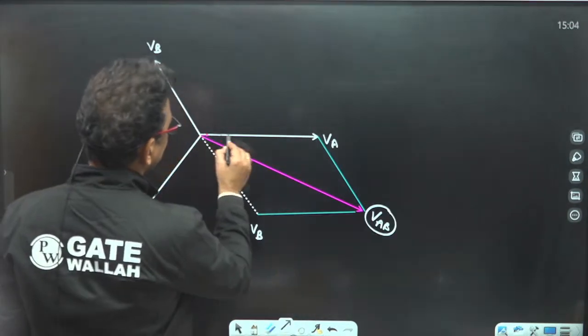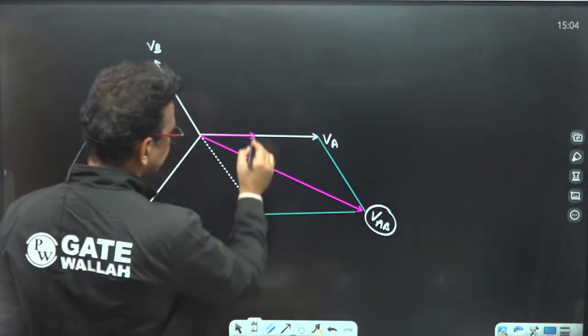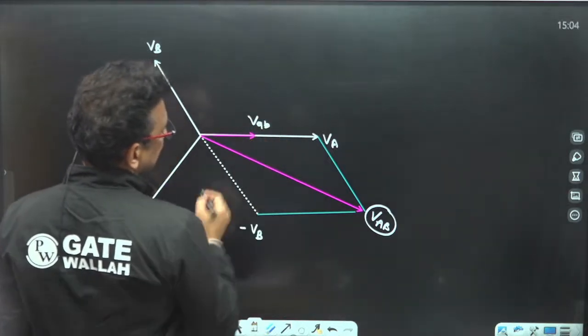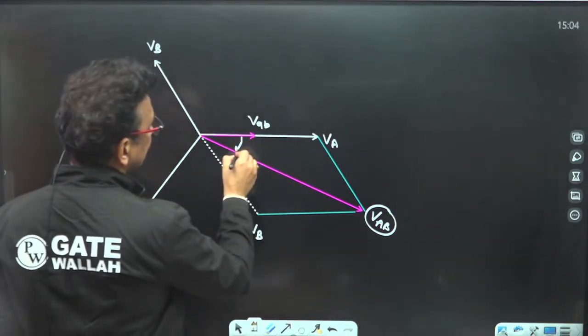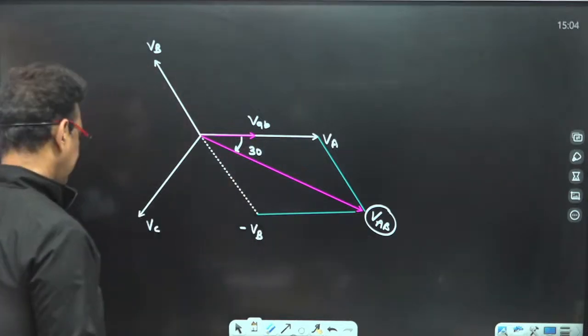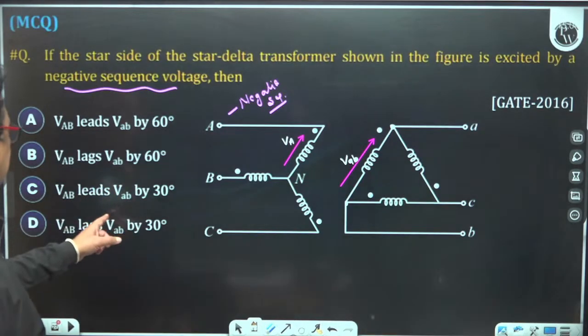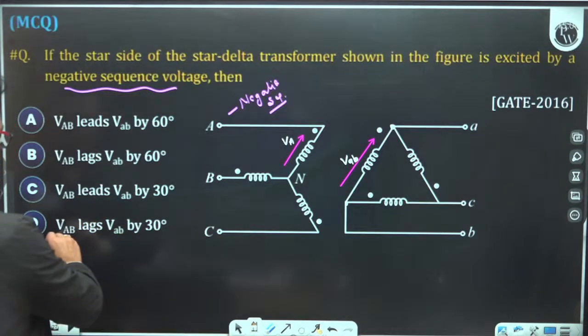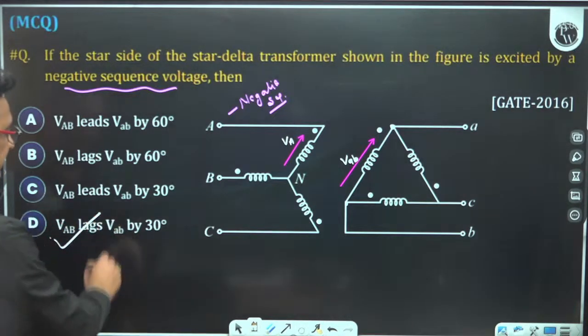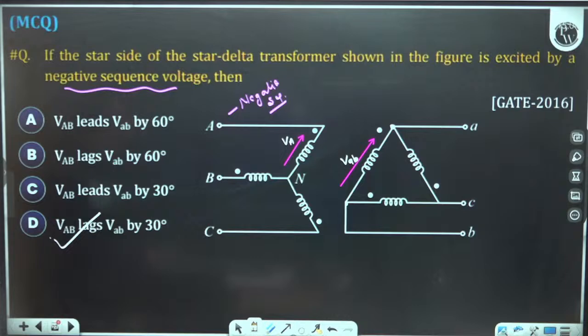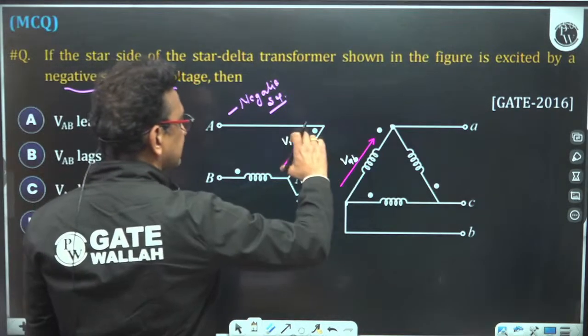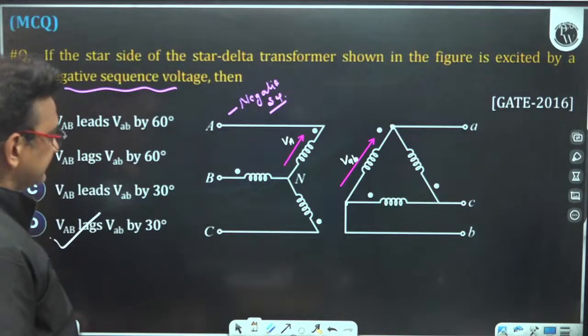This will be my small VAB. So I can say the capital VAB lags the small VAB by 30 degrees. Clear? Because this and this are in the same phase.